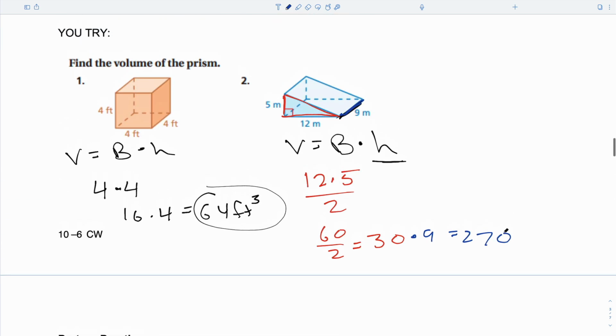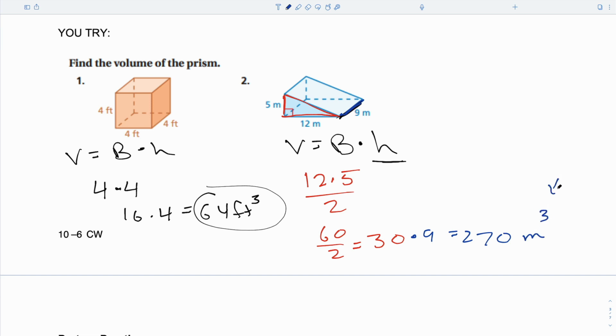What types of units are used to describe volume, Brayden? What type of units do I use to describe volume? It's not squared, it's cubed. So I'm going to use meters and then put a 3 above it.